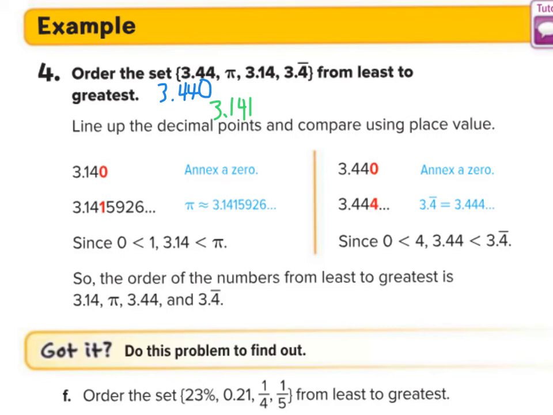It keeps going, but I'm going to stop at the 1. And then we have 3.14. Okay, 3.14 right here. Right? Pi is the green one. And this is our blue one right here. 3.44. And then we have, finally, I can do the last one, I guess, in yellow. Okay?